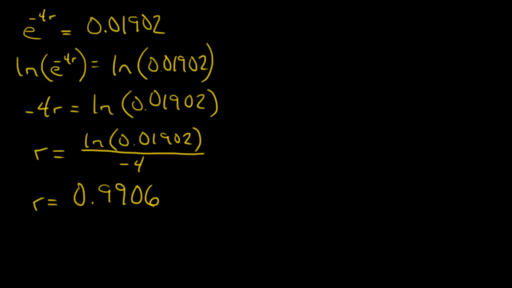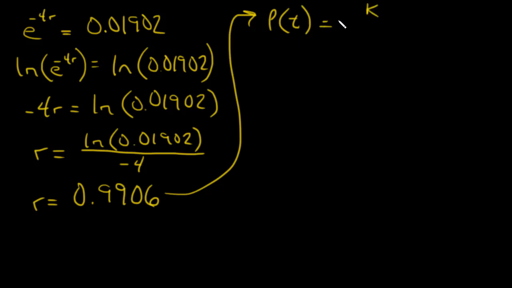Okay, so now that I have my r, I can use that in my original equation. So one more time, P of t is equal to k over 1 plus B e to the negative rt. Okay, so now I can say, what is my population going to be at t equals 6?